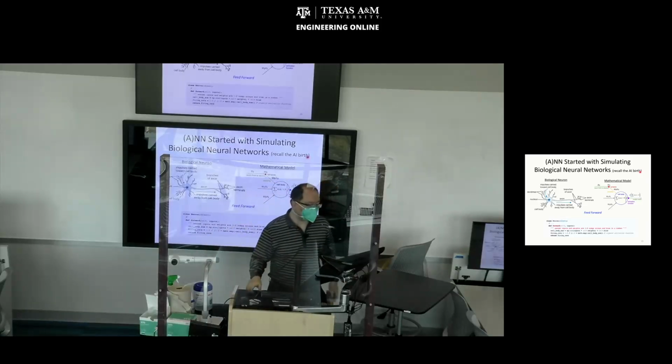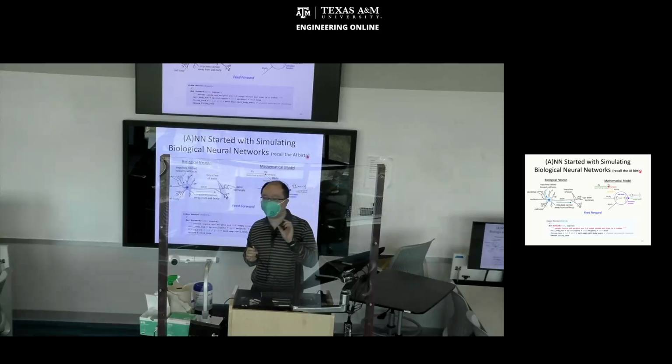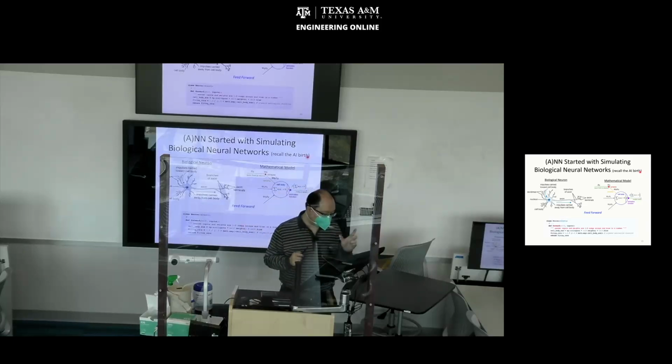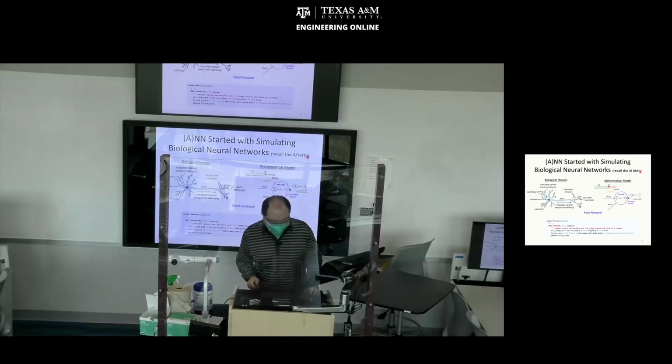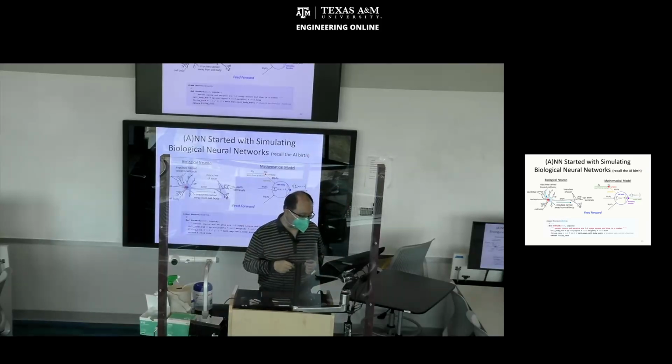So if you start with the smallest computing unit, well, arguably the smallest, because there's more molecular basis underlying the nucleus, but if you're thinking about a single brain cell, right?